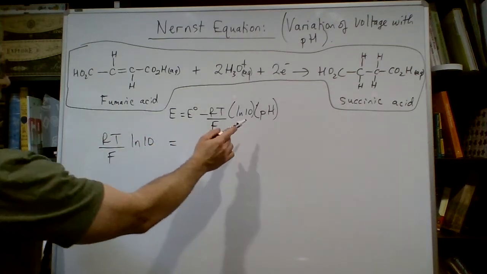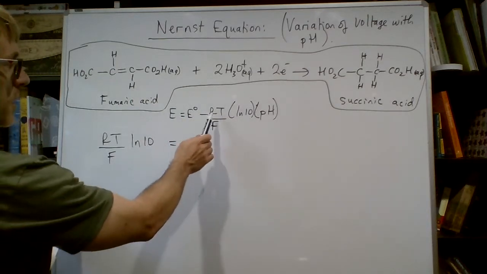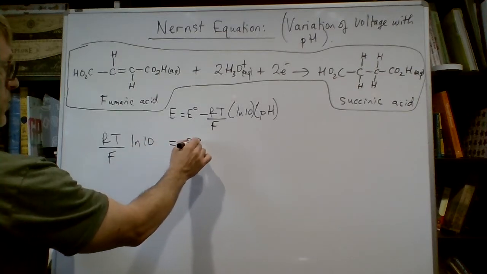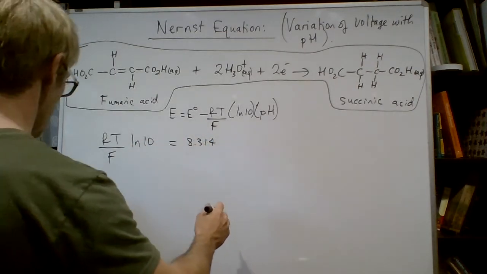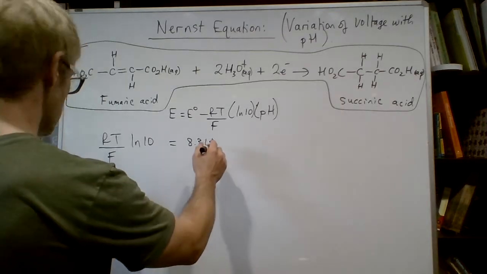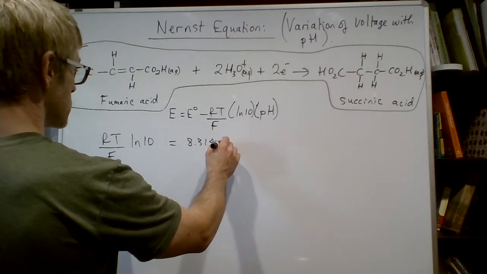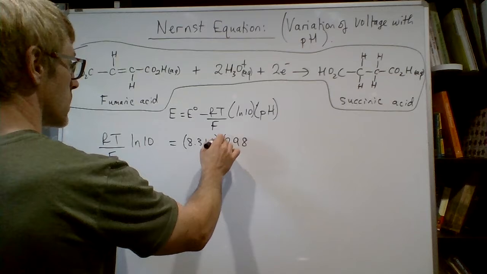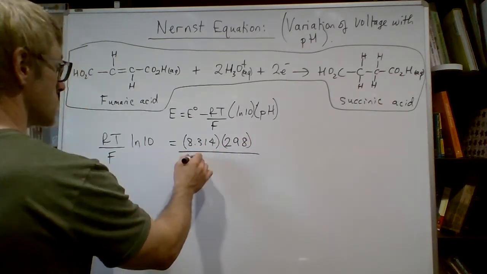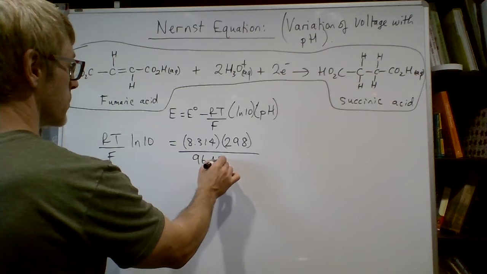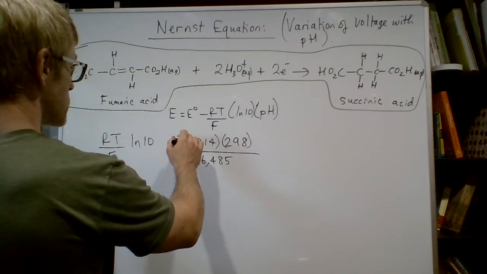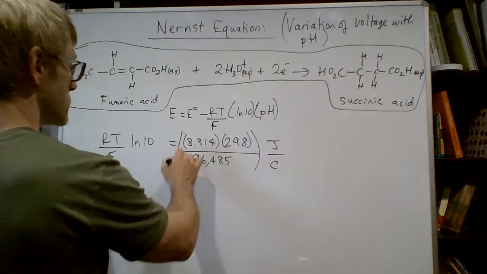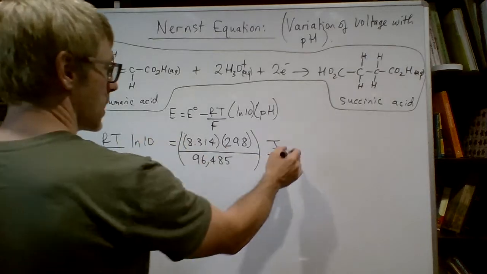The dynamic thing is the pH, but the RT, the F, and the log 10 we can calculate. R is 8.314. We'll look at the units in a second. The temperature is in Kelvin, so 298. And Faraday's constant is 96485. If we look at the units of that expression, that would give units of joule per coulomb when all is said and done. And then we've got log 10, which has no unit.